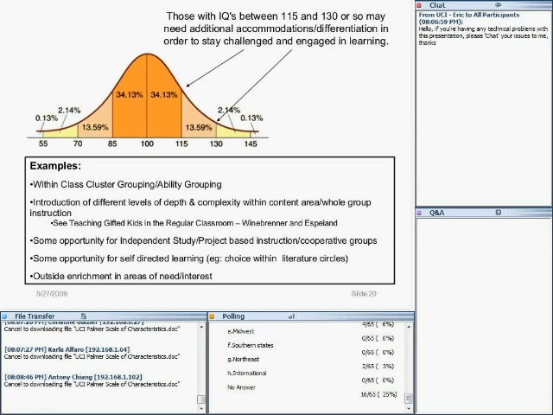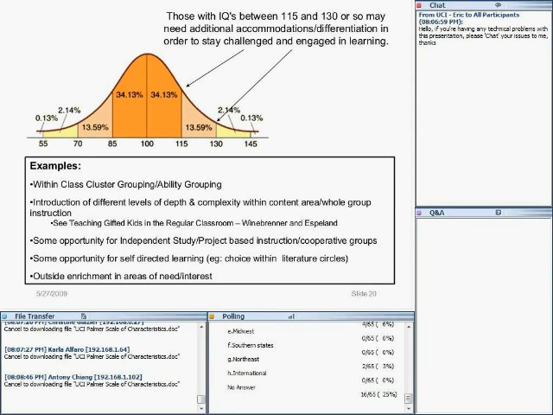Okay, so these are the type of things under examples that most good teachers do all the time, but they understand that they have some kids that need more depth and complexity skill than do others. Some need more repetition and going over things and remediation.